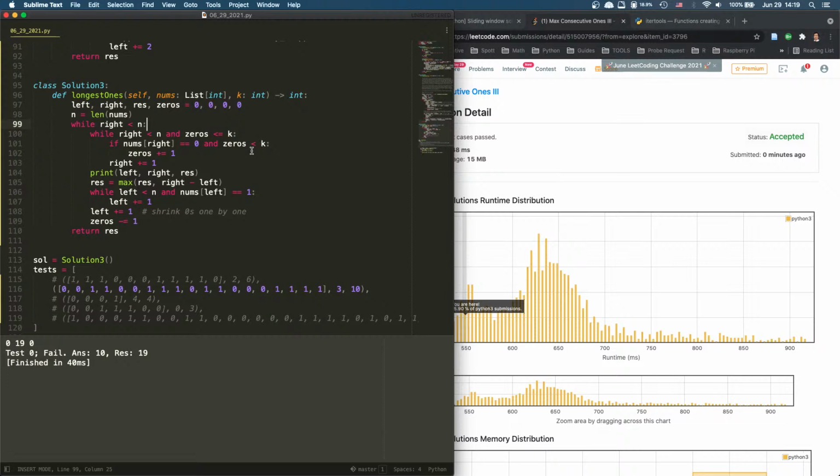Wait. What happened? Right, well, right smaller than n and then 0 is smaller equal to k. I say if none_right is 0, then 0 plus 1 equal to 0. Oh no, this is not right.